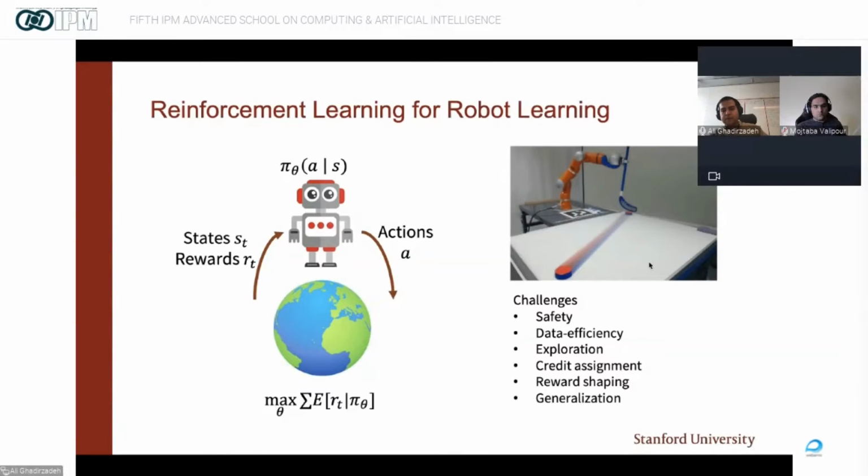Next thing is the credit assignment problem. This of course exists in all kinds of sequential decision-making problems that reinforcement learning is typically applied to. But I want to emphasize it here again, because part of my talk is going to be about credit assignment. Credit assignment is this: whenever you perform a sequence of actions, at the end you receive some reward, but it's not really clear which action resulted in this outcome.